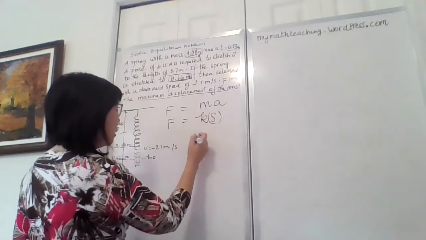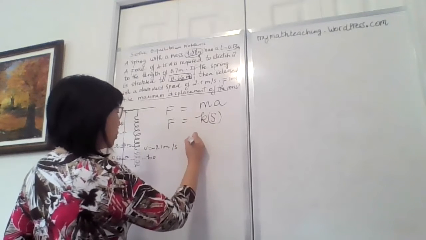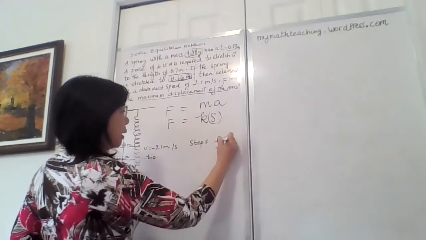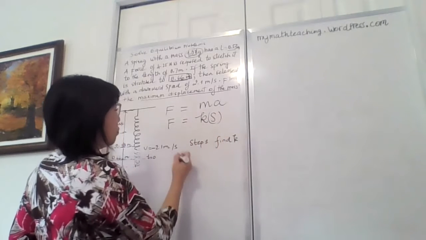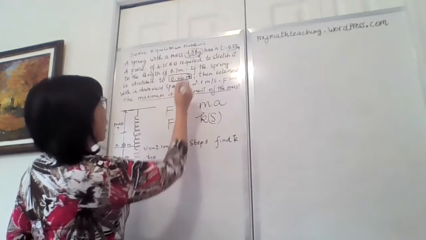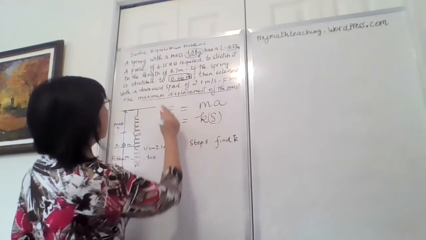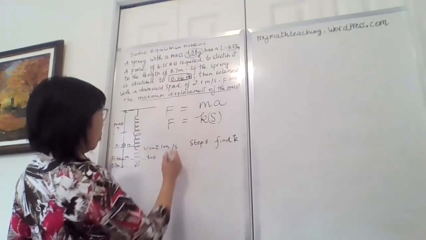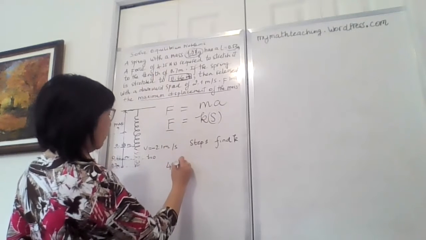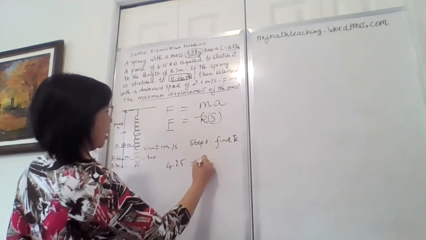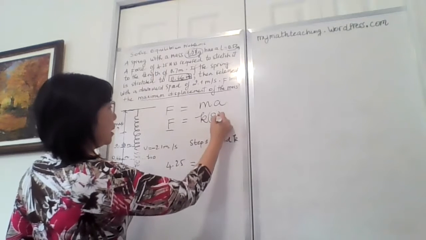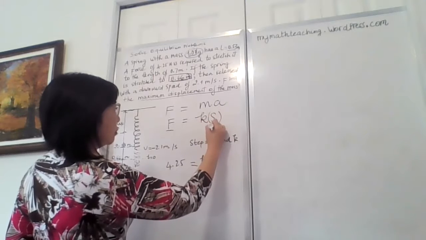So our first task, step 1, is to find k. We substitute into this equation, and our number to substitute is force equals 4.25. So I substitute 4.25 equals k, which is what we want to know, times s. And remember the s here is delta s, right?